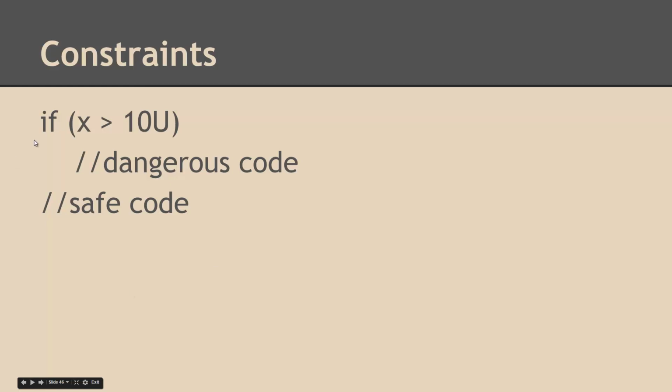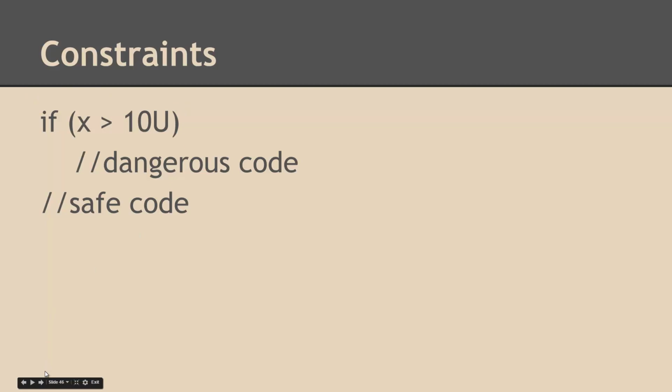Now, just like a toy example, this is checking if x is greater than unsigned int 10. If so, it performs some dangerous code. Otherwise, it skips this branch and keeps going and performs some safe code. Determining how to generate this is a source of a lot of computer science and computer security theory, ranging from constraint solving to symbolic execution, and so on.